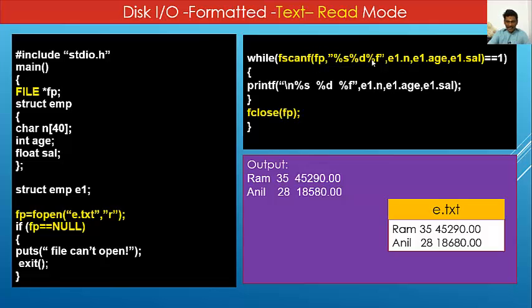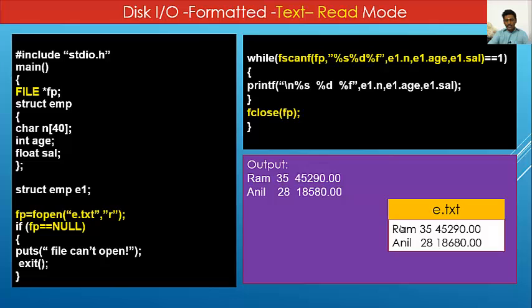If the record is available, it reads data from that file, that is, fp holds the e.txt address. So it reads data from fp, then stores it into e1.n, e1.age, e1.sal. As per our example, in the previous program we already wrote some data. This is that file name.